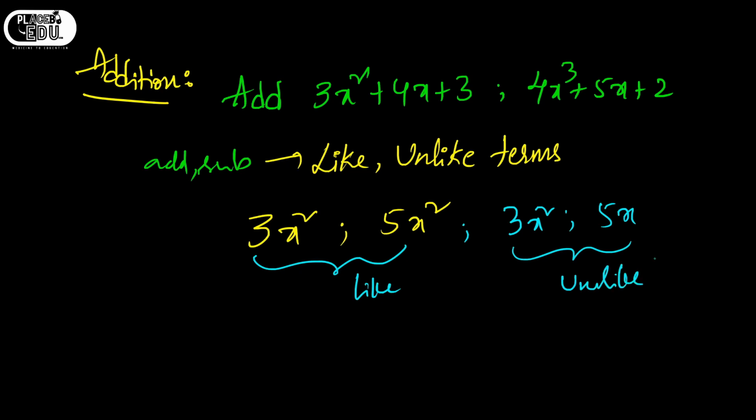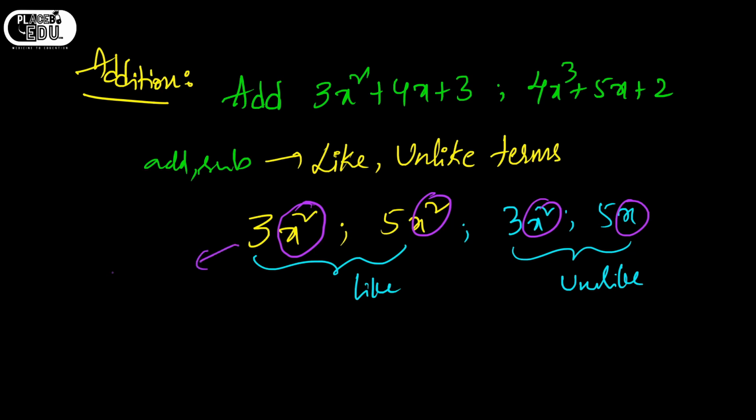So on what basis I am telling like and unlike is, the variable should be considered to tell the like and unlike terms. Since here x square and x square, the variable is same, we can say that 3x square and 5x square are like, and here the variable x square and x, basically x is the variable, but here x is 2 times, so x into x, that is x square, so it is unlike.